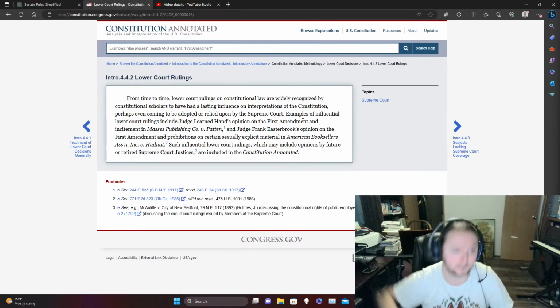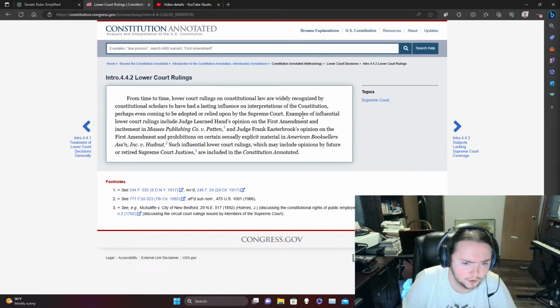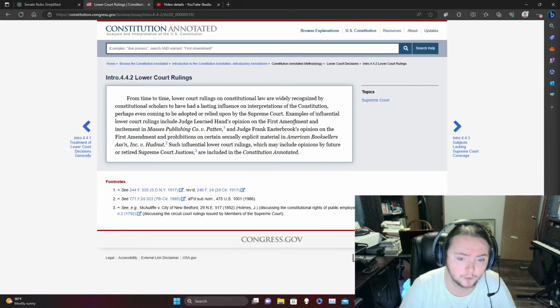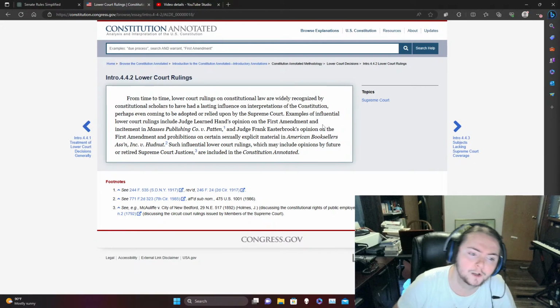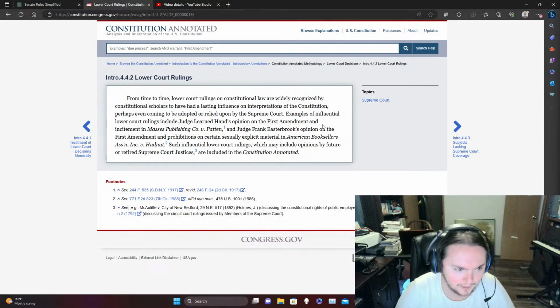Lower court rulings. From time to time, lower court rulings on constitutional law are widely recognized by constitutional scholars to have had lasting influence on interpretations of the Constitution, perhaps even coming to be adopted and relied upon by the Supreme Court. Examples of influential lower court rulings include Judge Learned Hand's opinion on the First Amendment and the incitement of the masses in Masses Publishing Co. v.